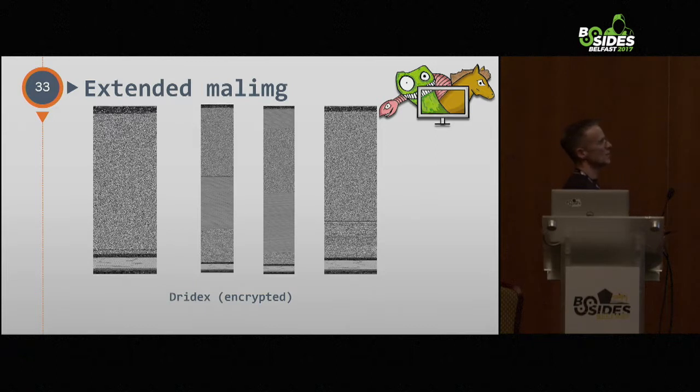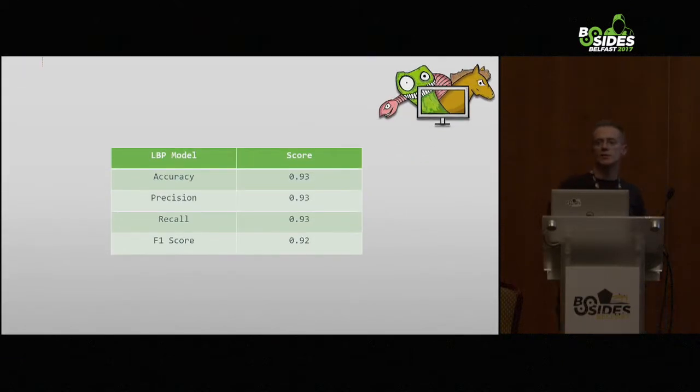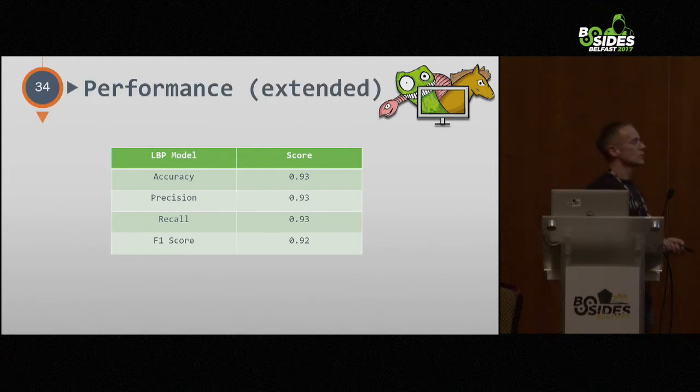But you can see that the more important parts, like the initial headers and some of the sections down here, remain the same. There hasn't been any real change except for parts in the middle where some sections were encrypted. The accuracy then dropped down a little bit to 93%. That's acceptable enough, with an F score of 92.